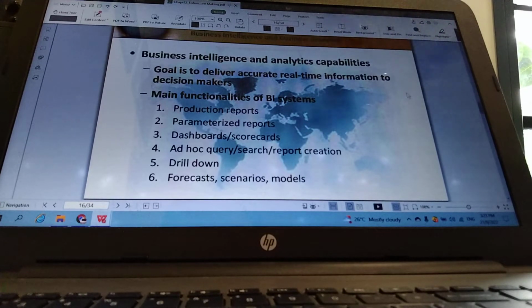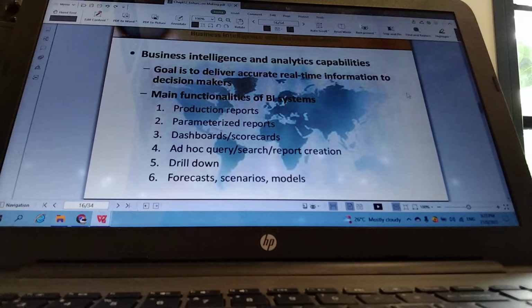Next, BI can be used for forecasts and scenarios, any upcoming or future scenarios or cases or models, even to come out with models that can be used as a reference for future cases by anyone else, or by third parties if you wish, so that all this can be used for the decision making process.